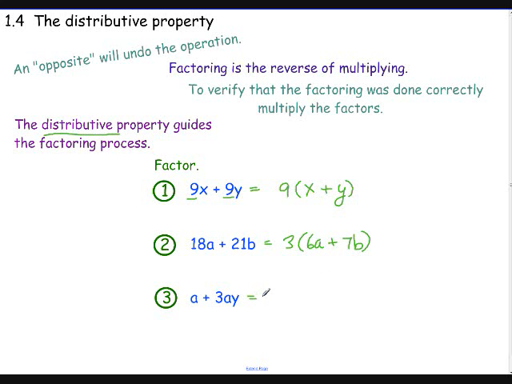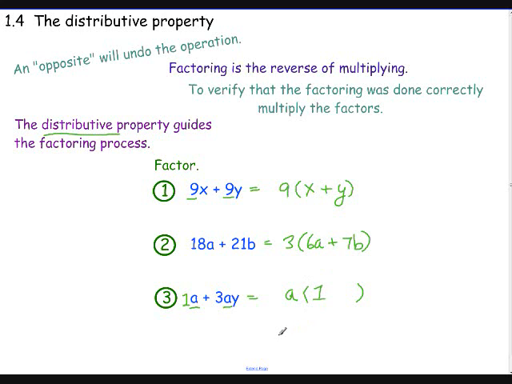How about this one? Do we have something common that we can factor out? You bet. We have an a. Remember, although we don't usually write it, this does have, as all terms do, a coefficient of 1. So when I divide both of these terms by a, that's factoring a out, I am left with a 1 here.